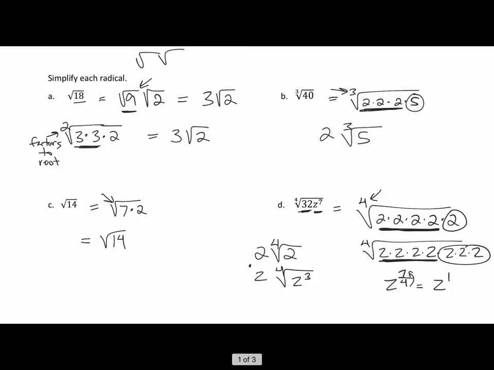And how many left over? 3. So that will leave a fraction part of 3/4. So altogether we have 2z, and inside the radical we have 2 from the number part, and z to the 3rd for the fraction part. So that would be the simplified radical expression here.